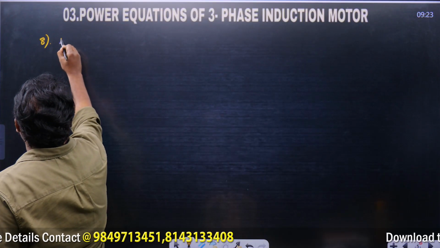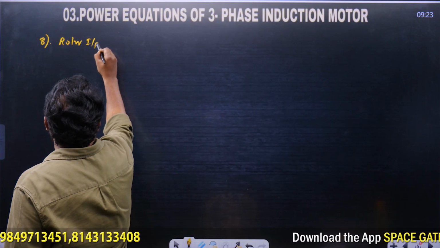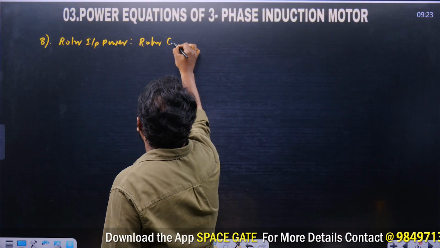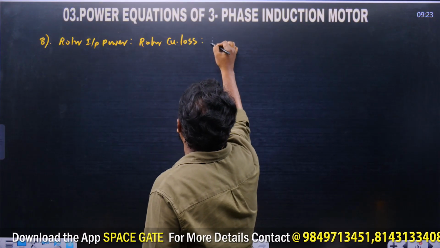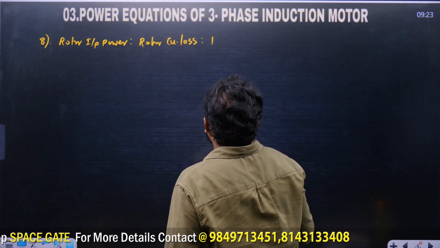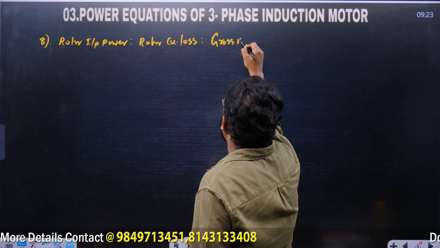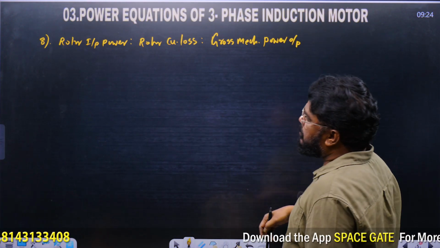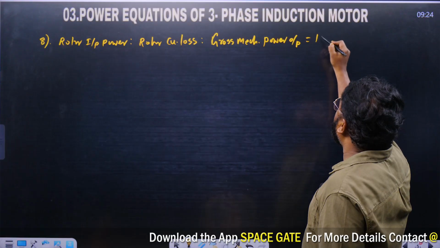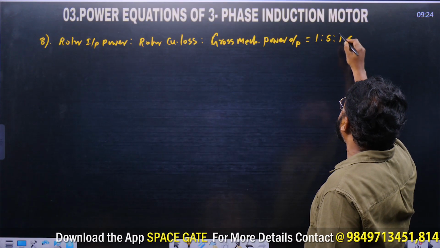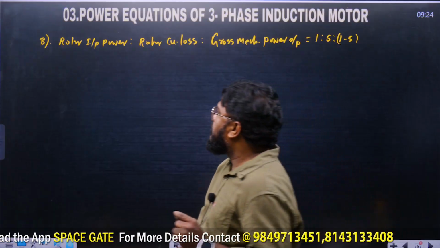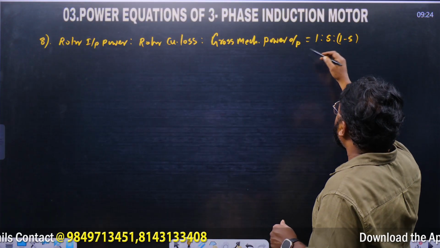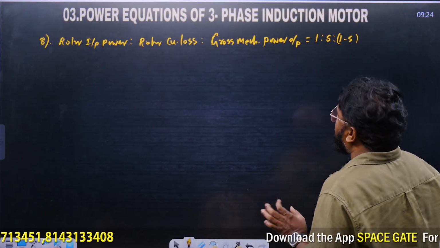The rotor input power is to the rotor copper loss is to the rotor output power, also called the gross mechanical power output of the motor, equal to 1 is to S is to 1 minus S. This relation is also important.